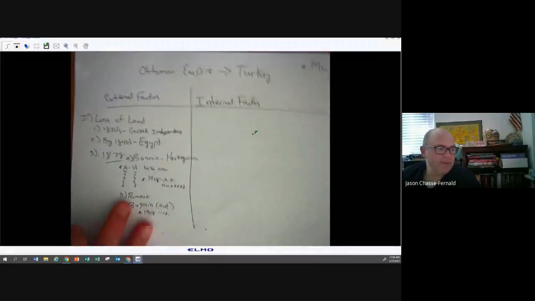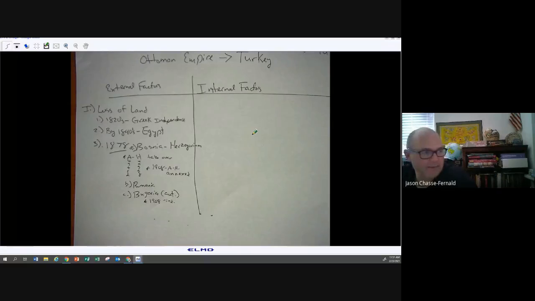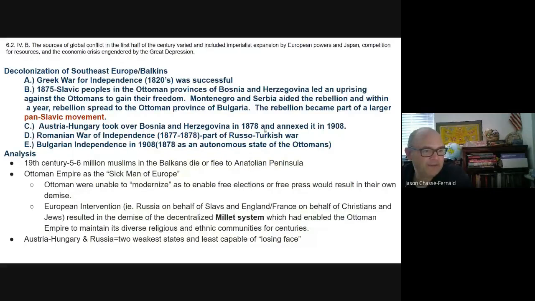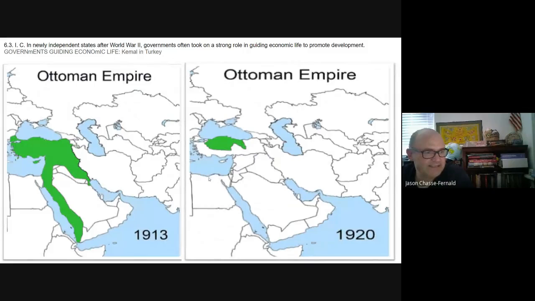So massive loss of land is taking place even before World War I happens, and then of course after World War I, to kind of switch back now, get to 1920, and you see all of these lands.